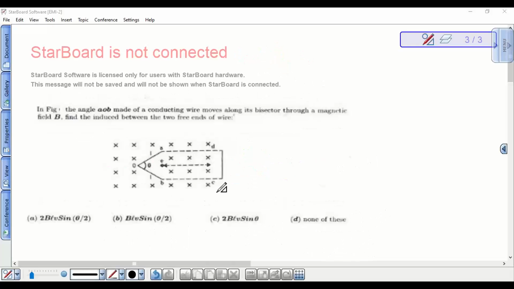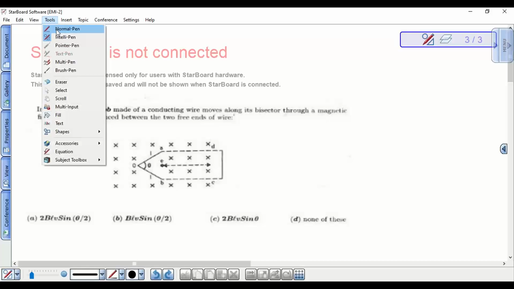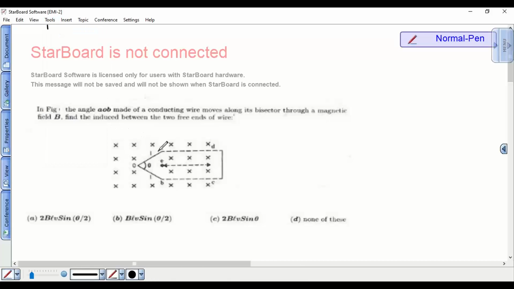So now let's look at this question, the question which was asked as a doubt. If you can see this, the conducting wire is AOB, and it is given that it is being moved along this direction with a certain velocity along the perpendicular bisector of the angle AOB.